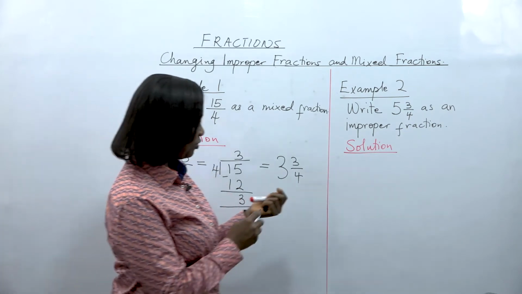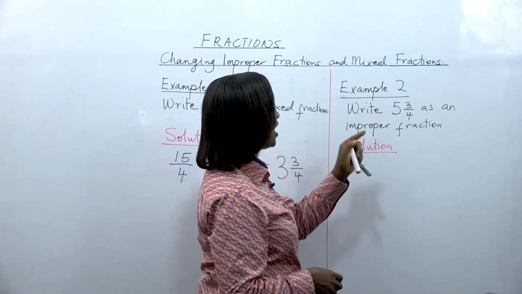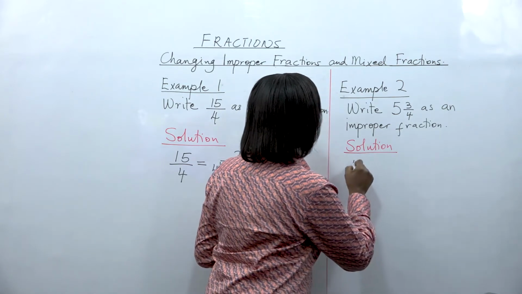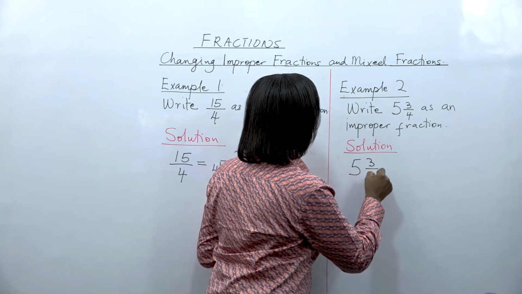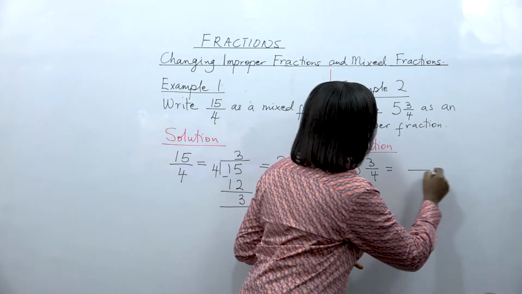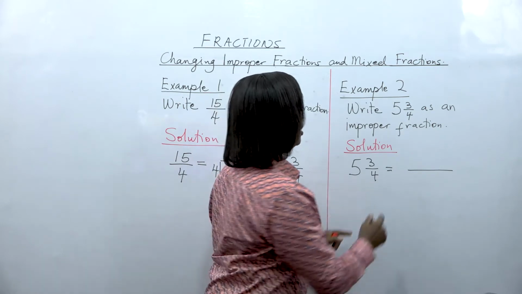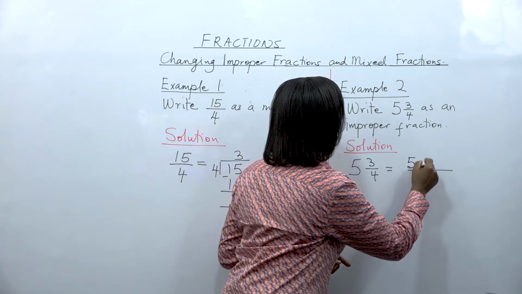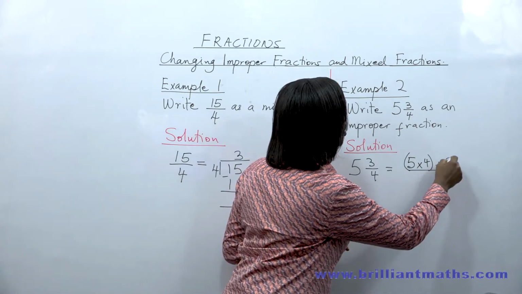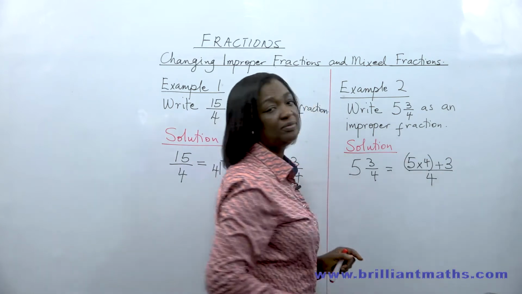In the second example, write 5 and 3/4 as an improper fraction. 5 and 3/4 is equal to, you multiply the whole number by the denominator, 5 times 4, and then add the numerator over 4.